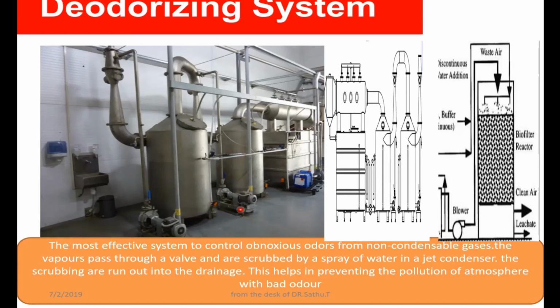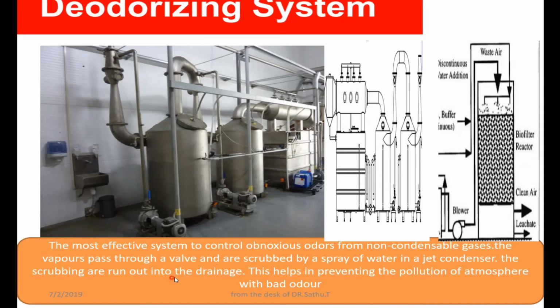The non-condensable gas can be sent through the chimney, or the latest technology that we use is the scrubber methods or the biofilter reactors. This is the most effective system to control the obnoxious odor from the non-condensable gas. In the scrubber system, the vapor that comes out will be sent through the scrubber by the spray of water in a jet condenser.